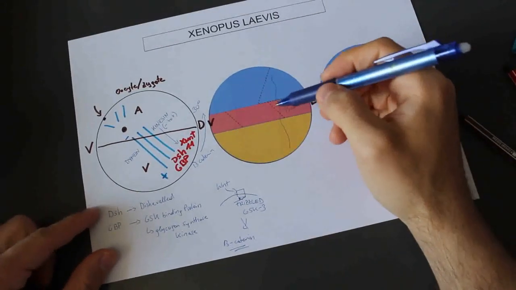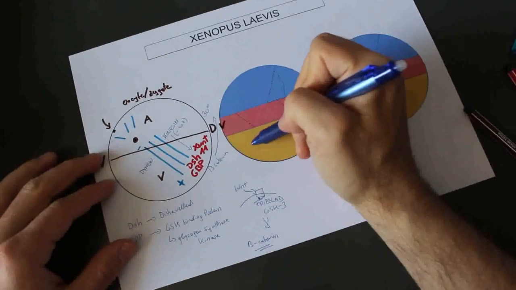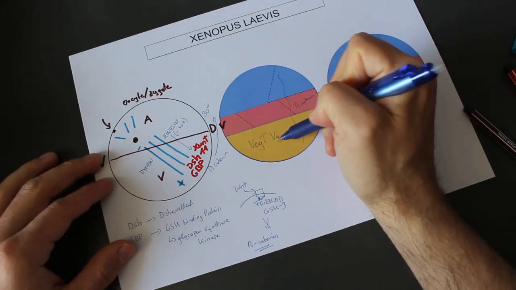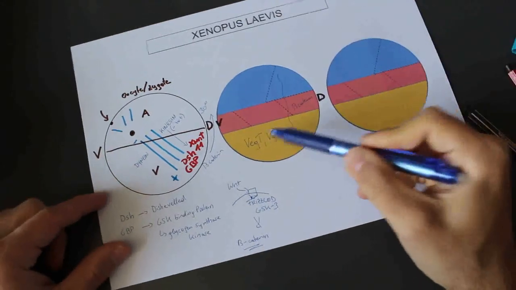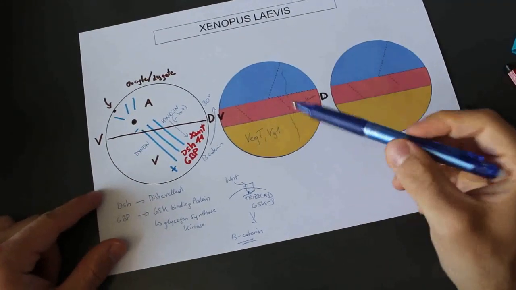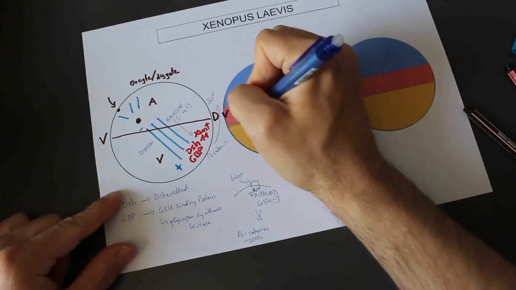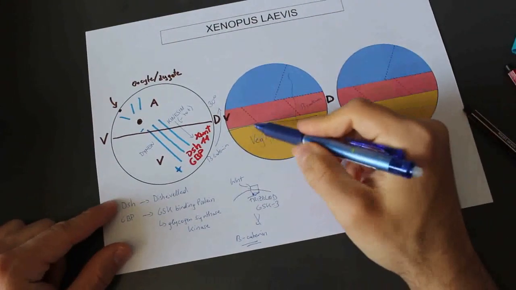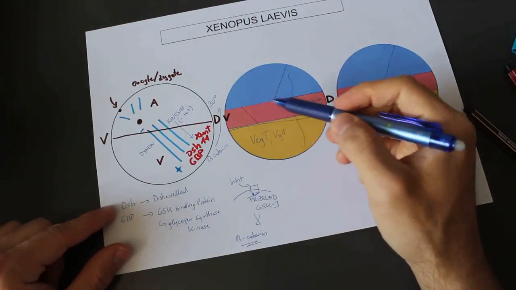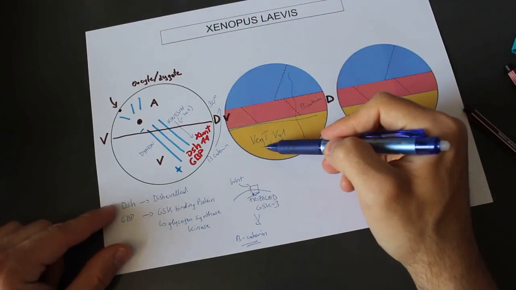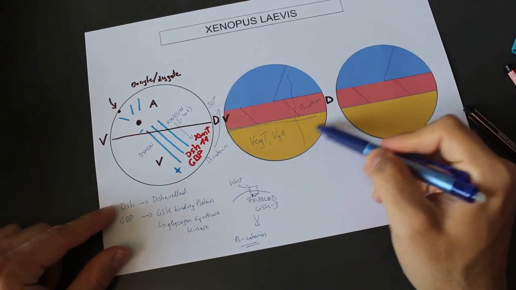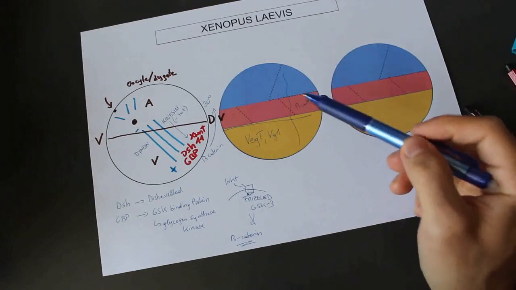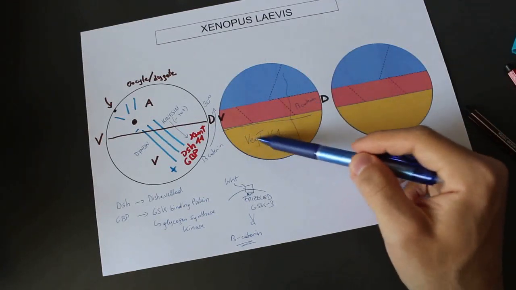At the same time, you have another protein, which is VegT, and also VG1 is important. These are just in the vegetal hemisphere, around here. These are factors that are really important for endodermal cells, what later will be endoderm, which is yellow here. So they are only here.